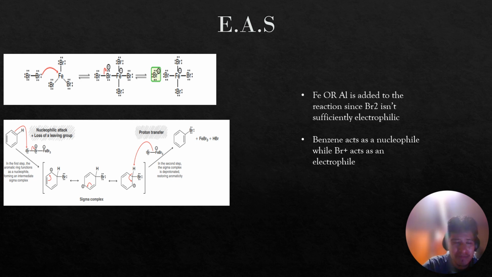Iron tribromide keeps reacting with Br2, forming this complex, which is essentially our electrophile. More specifically, this positively charged Br2. That's our electrophile. So we know that the benzene ring is our nucleophile, so it attacks the positively charged bromine, forming this intermediate, the sigma complex, resonance stabilized.